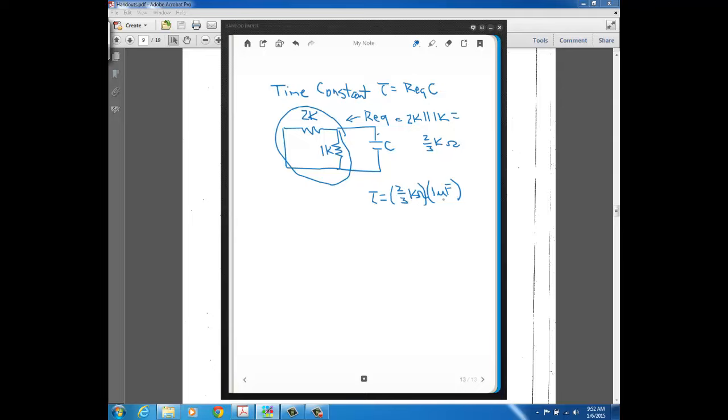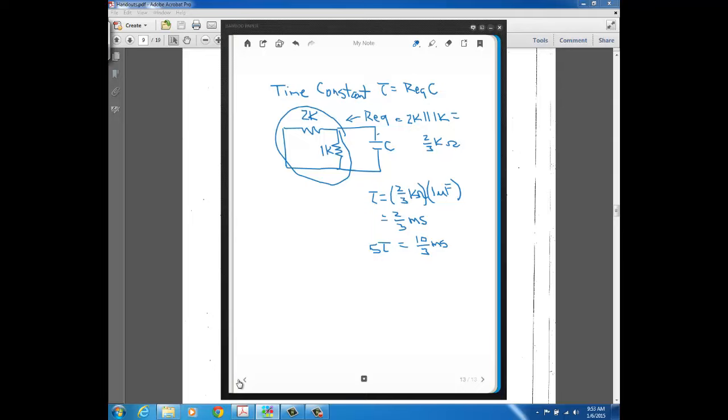Micro is 10 to the -6. So this is going to give us milliseconds. So it's going to be 2/3 milliseconds. Alright, but then don't forget, it takes 5 taus to reach steady state from t equal to 0, right? Again, this is our practical amount of time here. So in practice, it would take, in this case, 10/3 milliseconds to reach steady state.